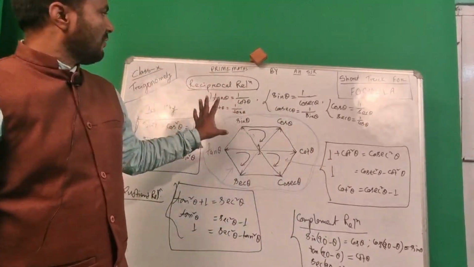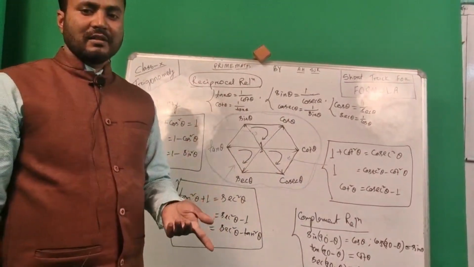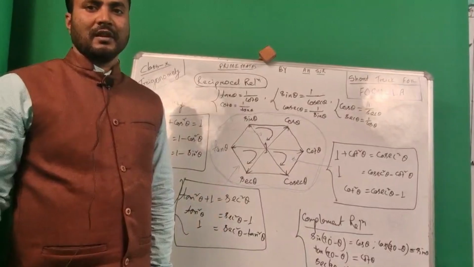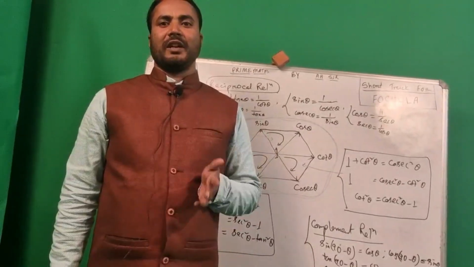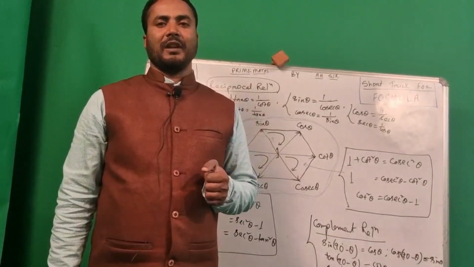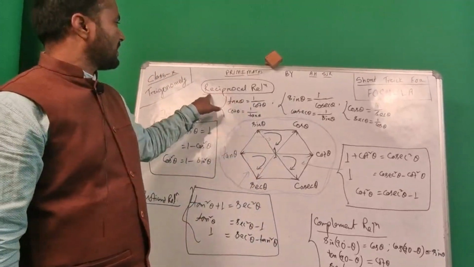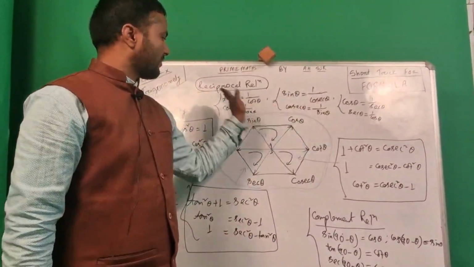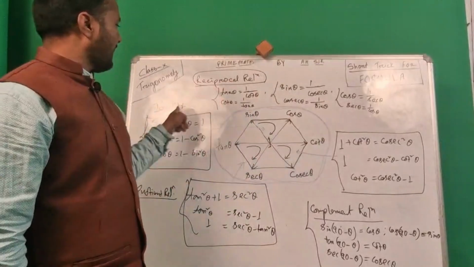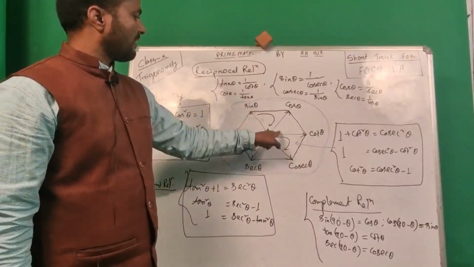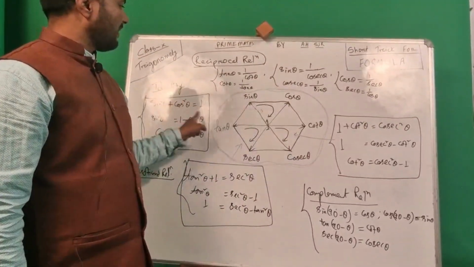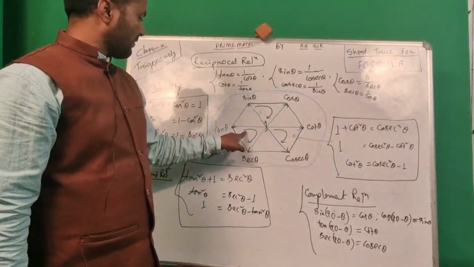So once again, I'll tell you, the fundamental relation is that one. As I told you, fundamental relation first, then this second one, the reciprocal relation, from the arrow marks, and then the identities from the triangles, this one here and this one here.